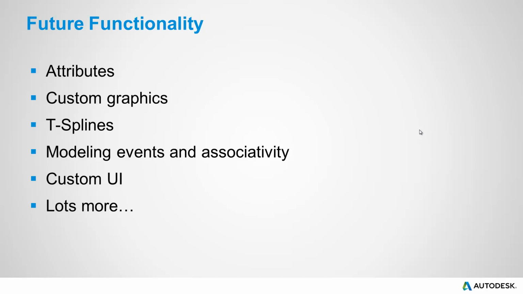And there's lots more that we need to do, and we need your help in understanding what you need. We have a good idea of what's still missing in the API, but we would like some advice from you so we know what's the most important to the most developers so we can prioritize.